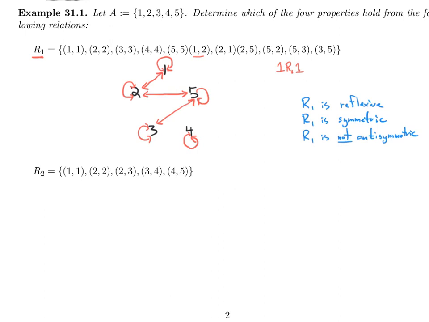So does there exist a situation where A is related to B is related to A, but they're not the same elements? Sure. Our counterexample here would be 1, 2, and 2, 1. We found a double arrow, right? That is what anti-symmetry says. There's no double arrows.